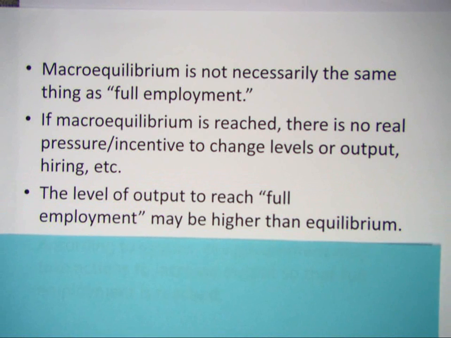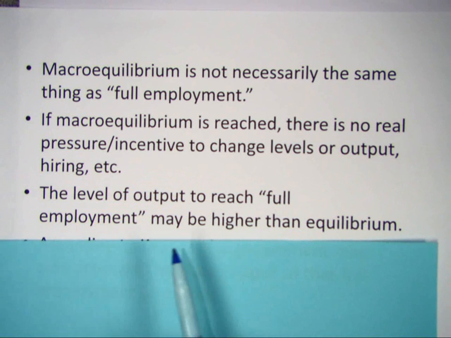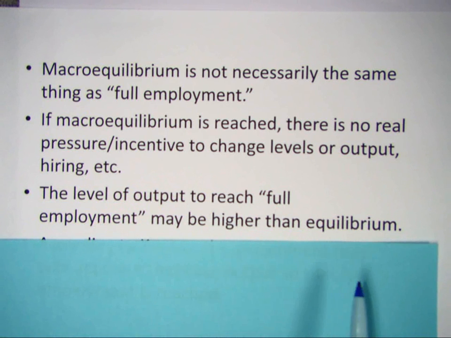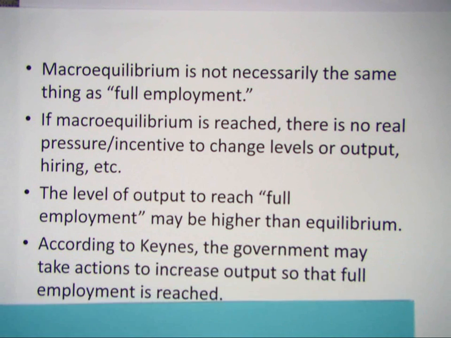Now, the situation is this. The level of output needed to reach full employment might very well be higher than that macro equilibrium level. It might be that in order to reach full employment, we have to have our aggregate expenditures be greater than 5.0 if we were looking at that other table.